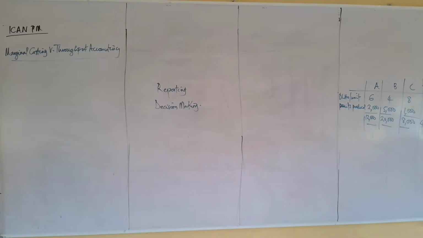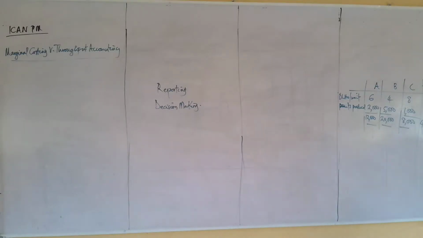Now for the purpose of your financial reporting, financial reports are being prepared using absorption costing. If you check your income statement, the items that you're seeing there have both fixed elements and variable elements without there being a distinction between the two.